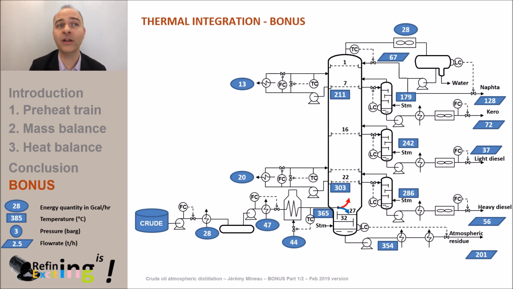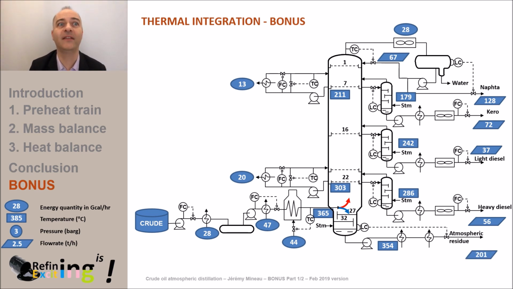We extract 128 tons per hour of naphtha, 72 tons per hour of kerosene, 37 tons per hour of light diesel, and 56 tons per hour of heavy diesel. The bottom product, or atmospheric residue, represents 201 tons per hour.